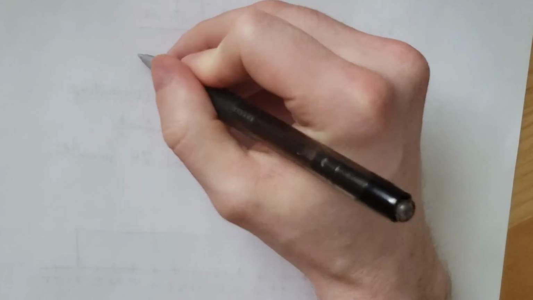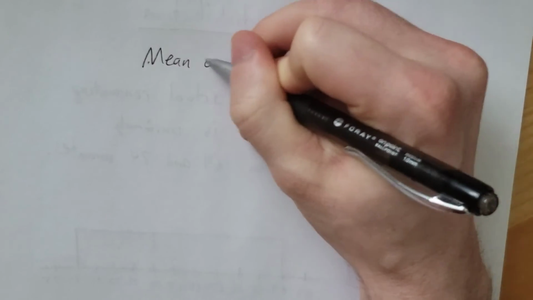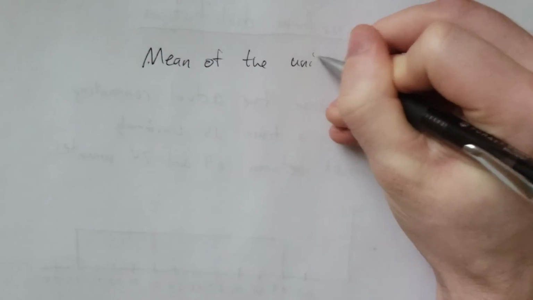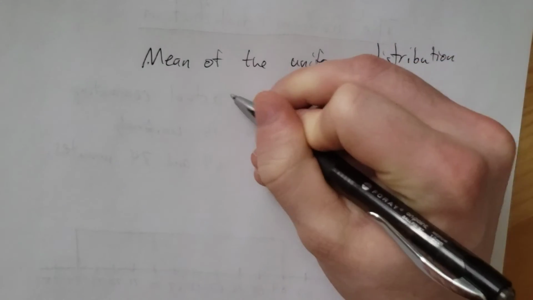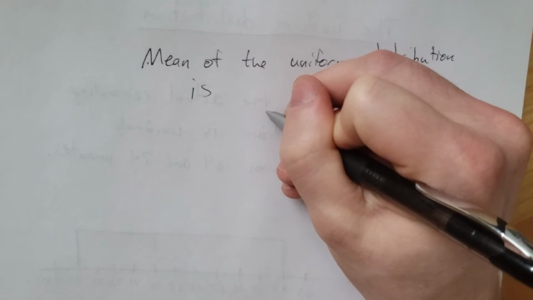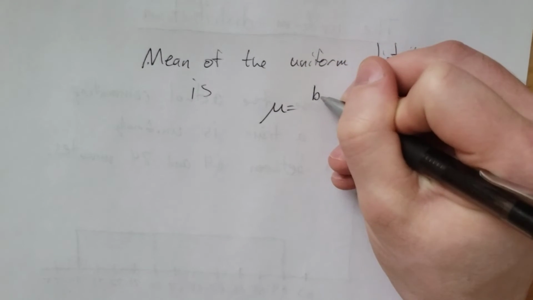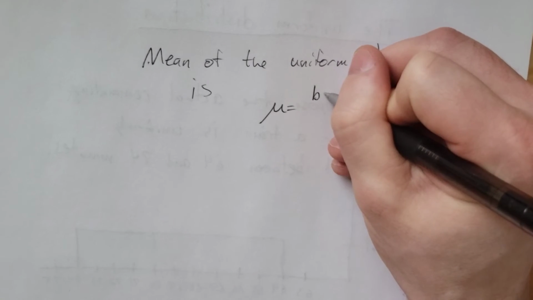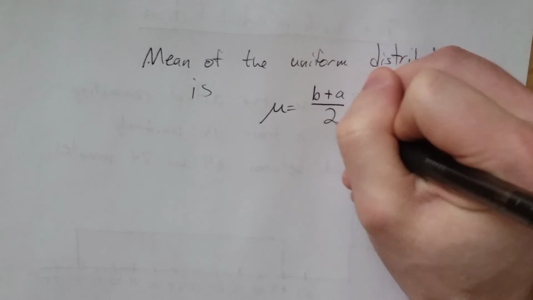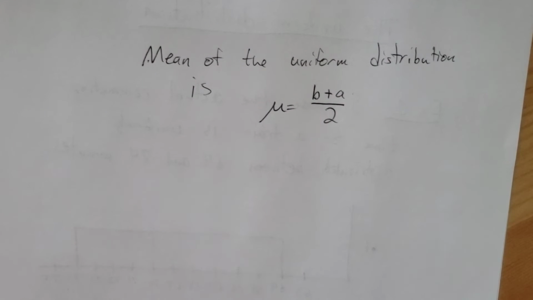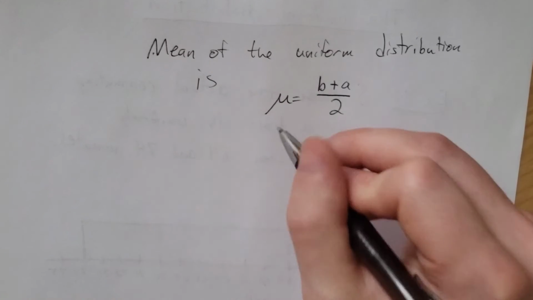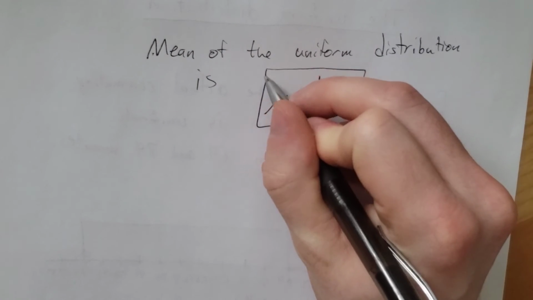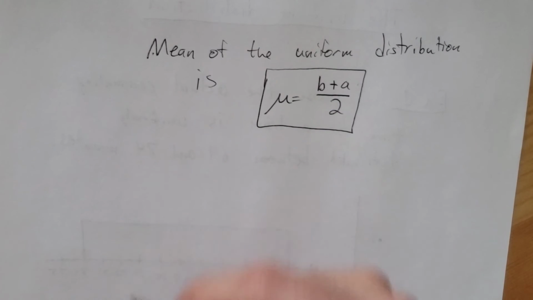So the mean of the uniform distribution is, and this is mu, equal to b plus a all over 2, which is just the average of those two values, of the higher and lower values. So that's pretty nice and simple.